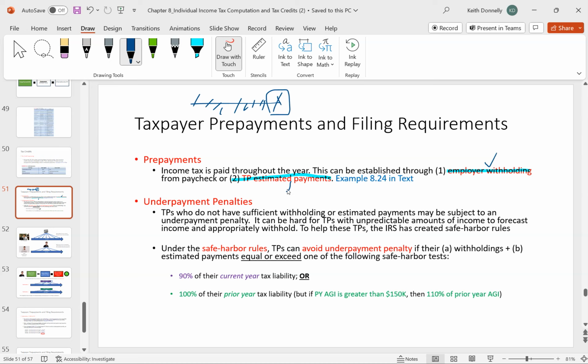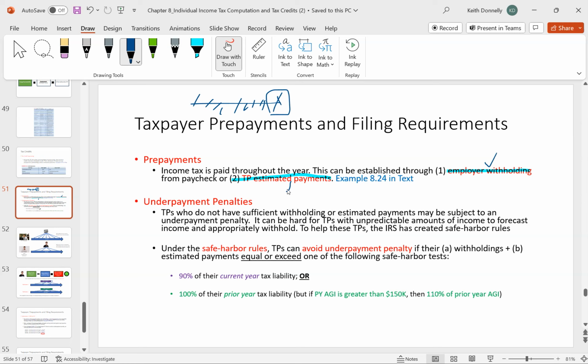Well, what happens is, if you don't put enough into the system throughout the year, like maybe I needed to put 100 in, but I only put 30 in, I just didn't make these estimated payments, I didn't know.